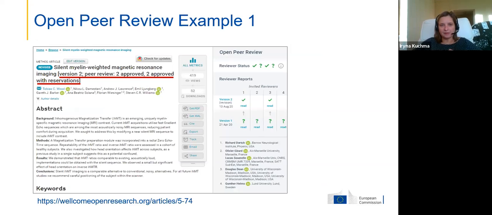So you can see that this is an example where reviewers already submitted their reports, and you can see who the reviewers are, and you can see that authors revised a version based on feedback from peer review, so it's already version 2, peer review 2, and you can also see whether it's approved or approved with reservations.